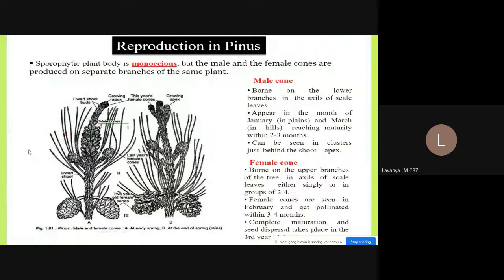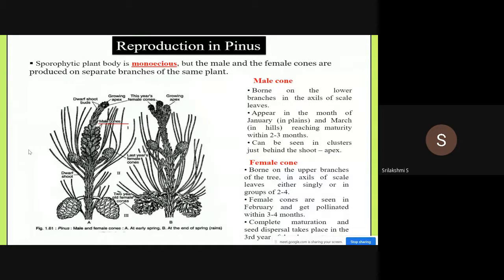Next, coming to the reproduction part. Now, in case of Pinus, the plant body is said to be monoecious. That means both the male and the female reproductive structures will be found on the same plant, but the cones are separate.